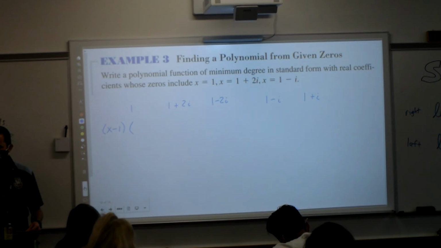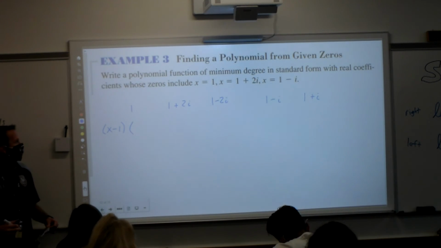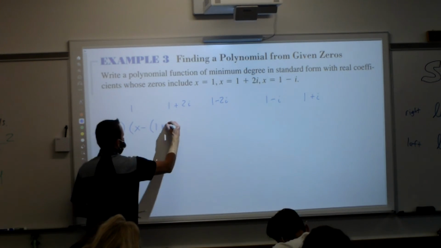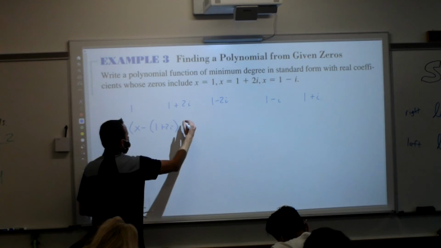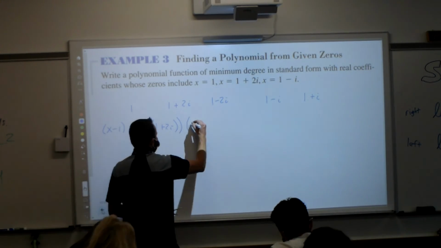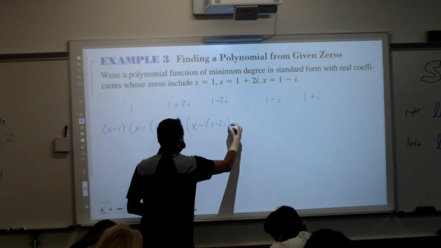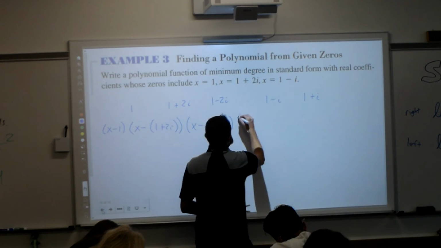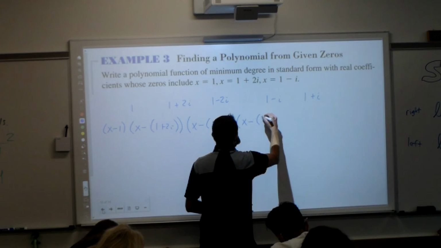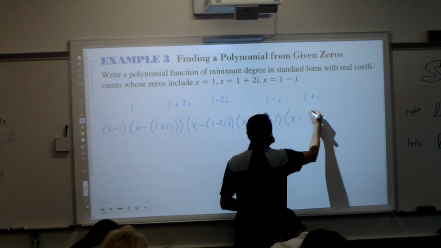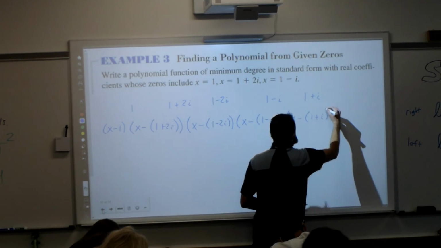What do we do? And then parentheses, good, 1 plus 2i. And then x minus parentheses, 1 minus 2i. x minus parentheses, 1 minus i. And then x minus parentheses, 1 plus i.